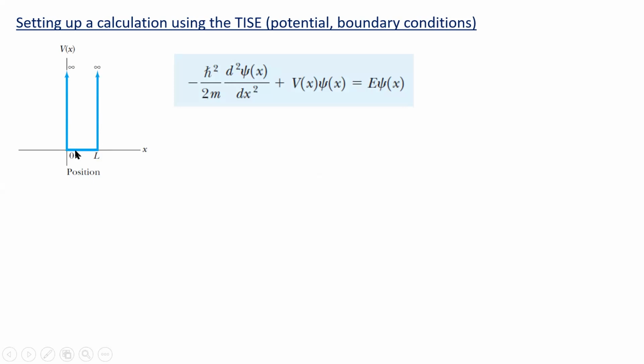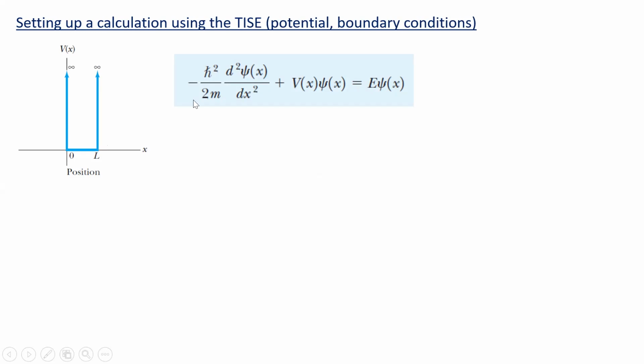Its potential energy is zero from 0 to L, meaning the particle experiences no force in that region, and then jumps up to infinity at 0 and infinity at L. It's an infinite barrier, and the particle has no chance of getting outside of the well, to positions greater than L or less than 0.